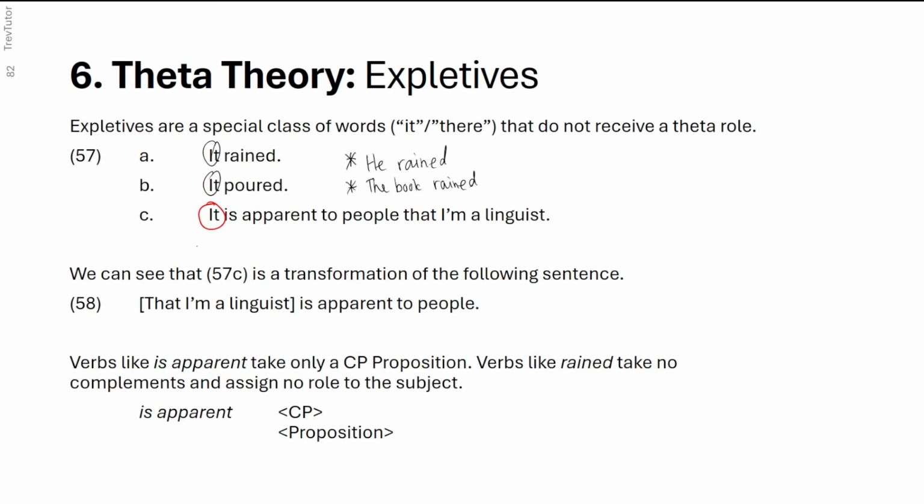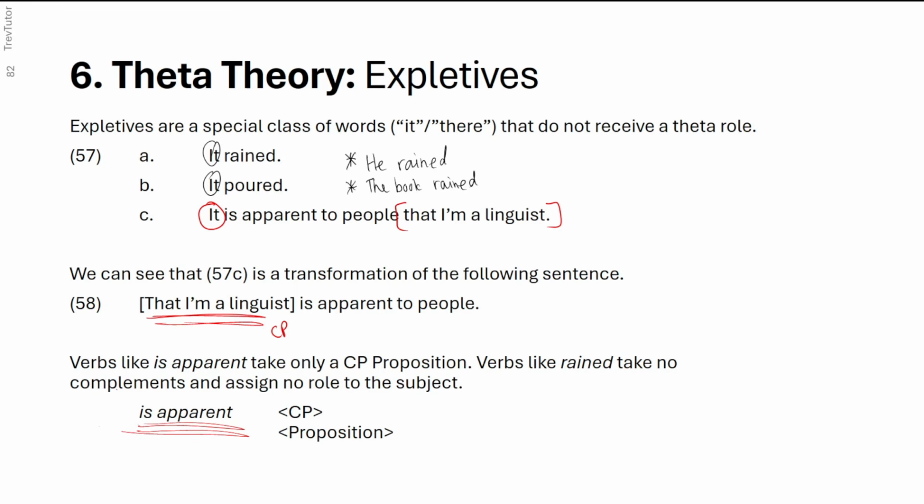So it is apparent to people that I'm a linguist. That phrase has been extraposed to the end of the sentence, so we can stick it back as a subject: that I'm a linguist is apparent to people. In other words, it is a CP that is just acting as a proposition that appears before is apparent. When we think about the verb is apparent, this would be a verb plus an adjective, but we'll just call it a verb for simplicity right now.